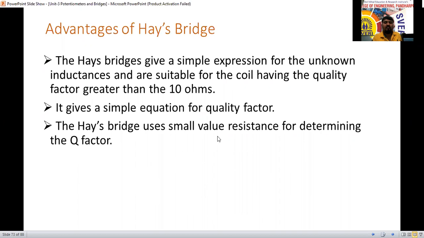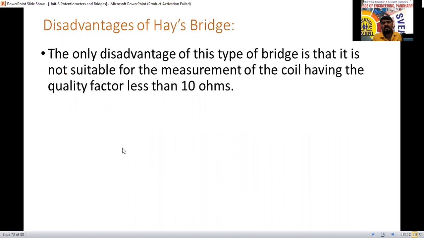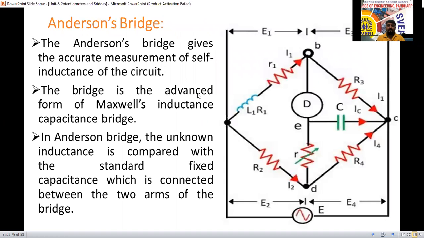It uses a very small value of resistance for determining the Q factor. And one disadvantage is that it is not suitable for a quality factor less than 10. This is one disadvantage of the Hayes bridge. See here now. Now we'll go for the Anderson bridge here.